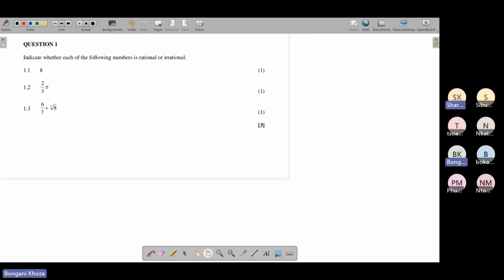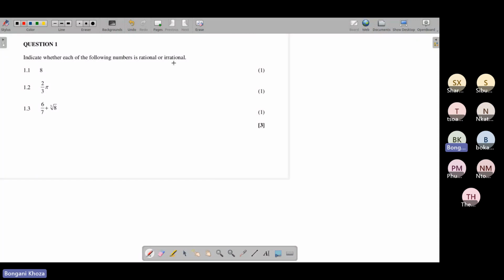So the first question was asking us to indicate whether each of the following numbers is rational or irrational. So yesterday we said that for irrational numbers, we are looking at non-terminating decimals.